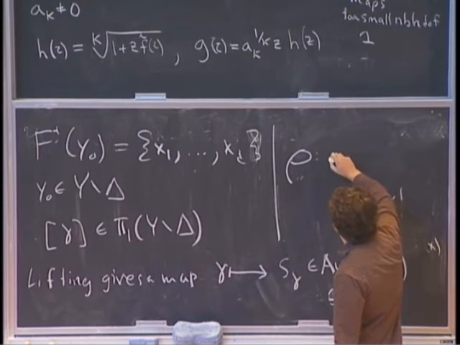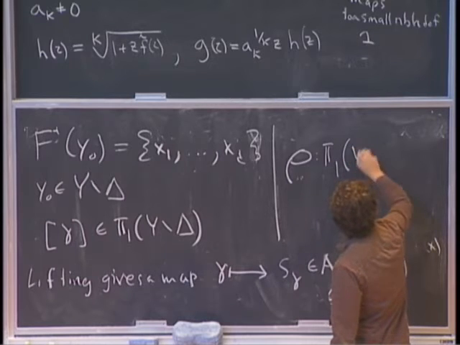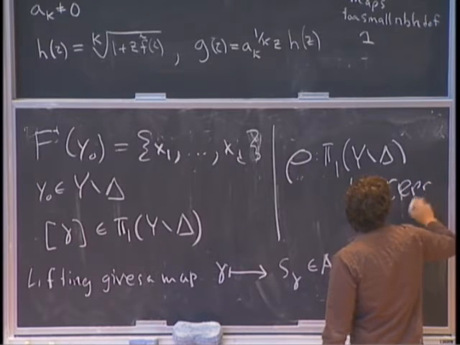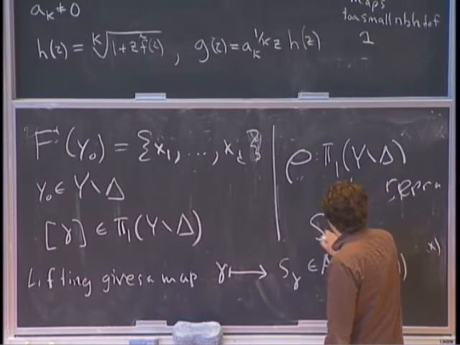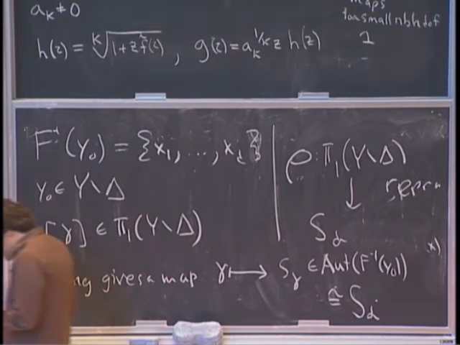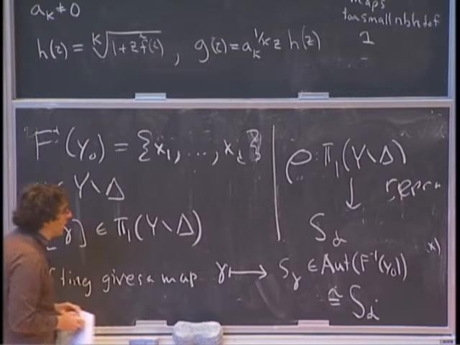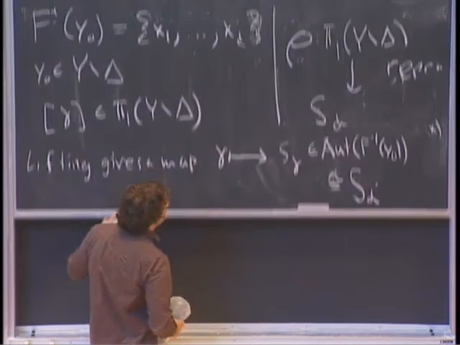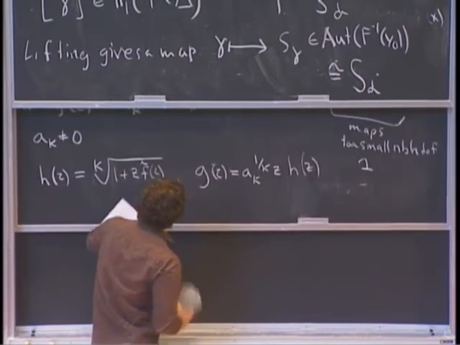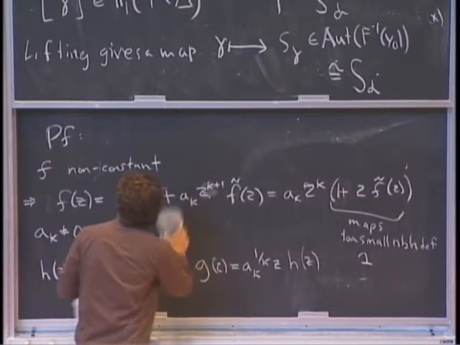So we have a representation from pi 1 of y minus delta to this symmetric group on D letters, where we've identified the symmetric group of D letters with, say, the automorphism group of the preimage of some point. Right, maybe just to illustrate this with a very simple example, but it somehow encodes a lot of the idea.